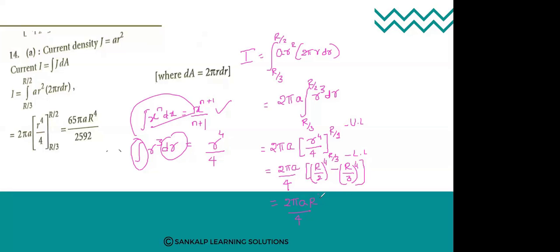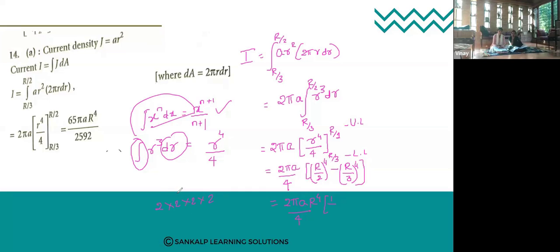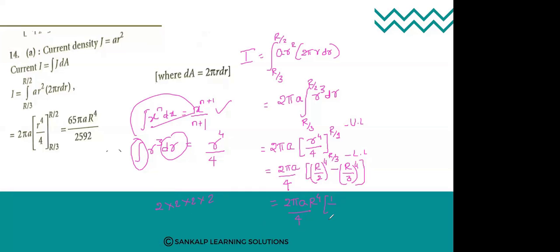That will be a common term, you can take it out. So inside the bracket we have 1 divided by 2 to the power 4, how much? 16. So this is 1 by 16 minus 1 divided by 3 to the power 4, which will be 81.